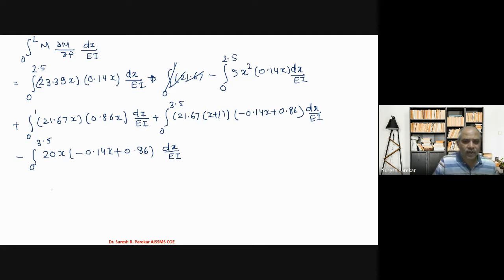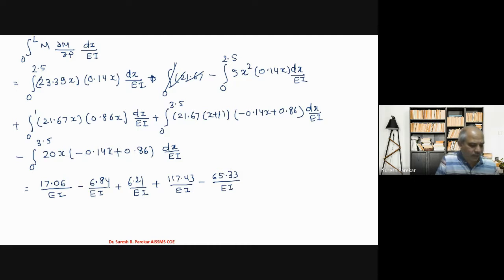Now if we calculate these terms one by one, we have first term 17.06 upon EI, second term minus 6.84 upon EI, third term plus 6.21 upon EI, fourth term 117.43 upon EI, and the last term minus 65.33 upon EI.